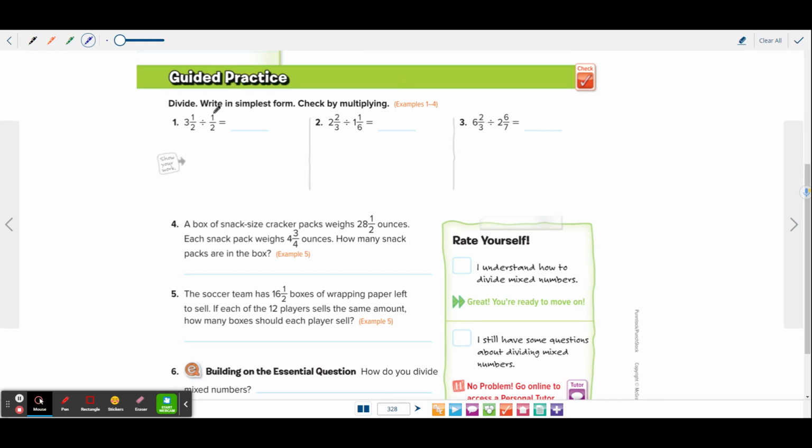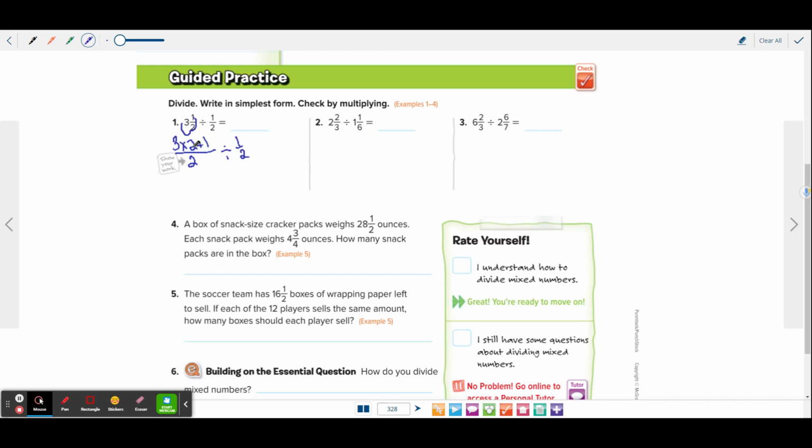So if you remember, if you have two mixed fractions or a mixed fraction and a regular fraction, you have to change the mixed fraction to an improper fraction first. And if you remember, you do the whole number times the bottom number plus the top number. So 3 times 2 plus 1 back over the bottom number. It doesn't change, okay? And then you'll have that divided by 1/2.